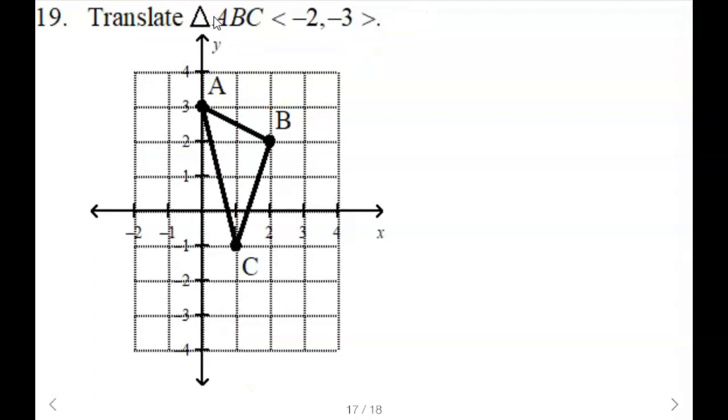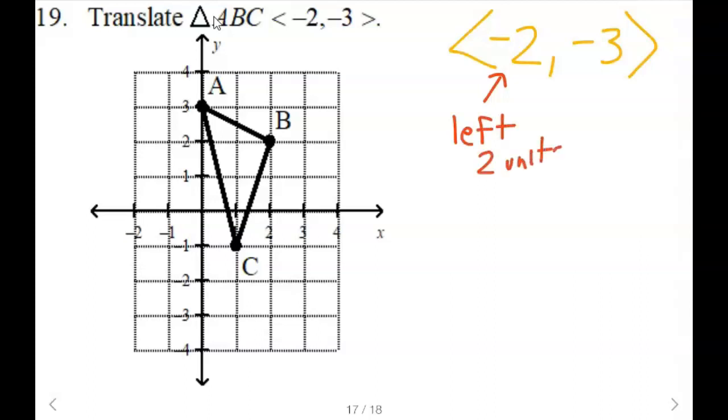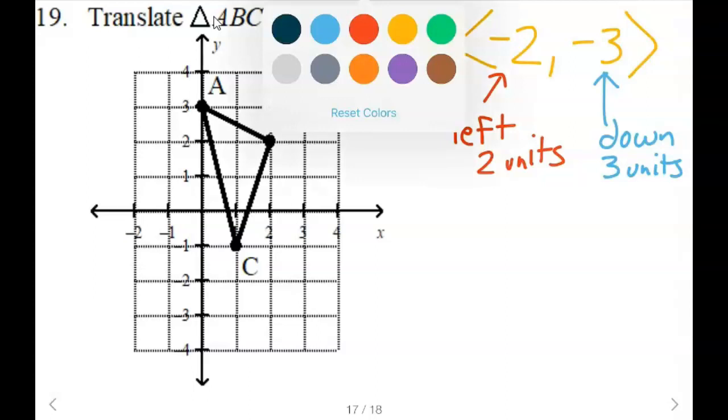19, we're translating it. This is translating along the vector -2, -3. So this x coordinate of the vector is basically telling you that you're going to the left 2 units. And then the y coordinate of the vector tells us that we're going down 3 units. So each of these points, we will take them to the left 2 units, down 3 units.